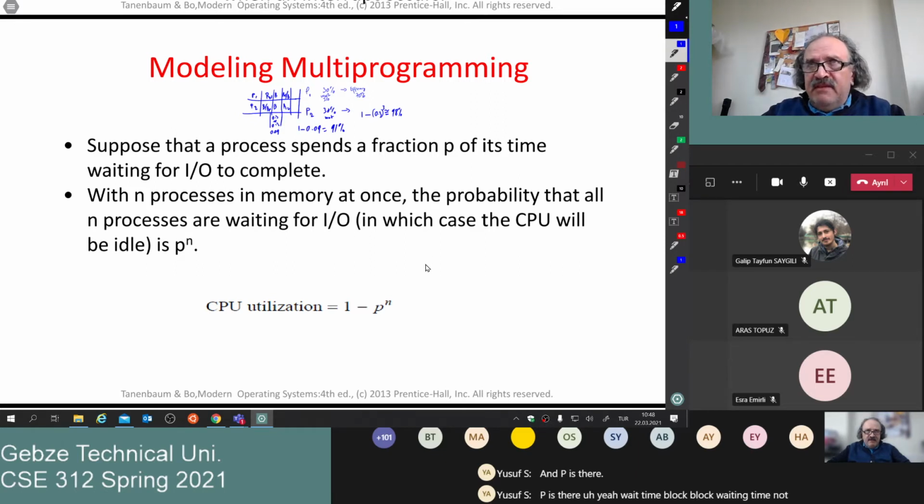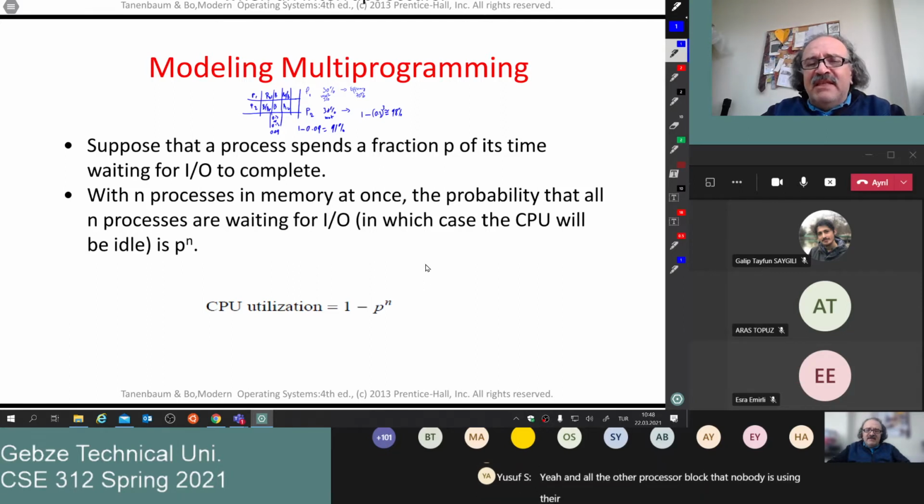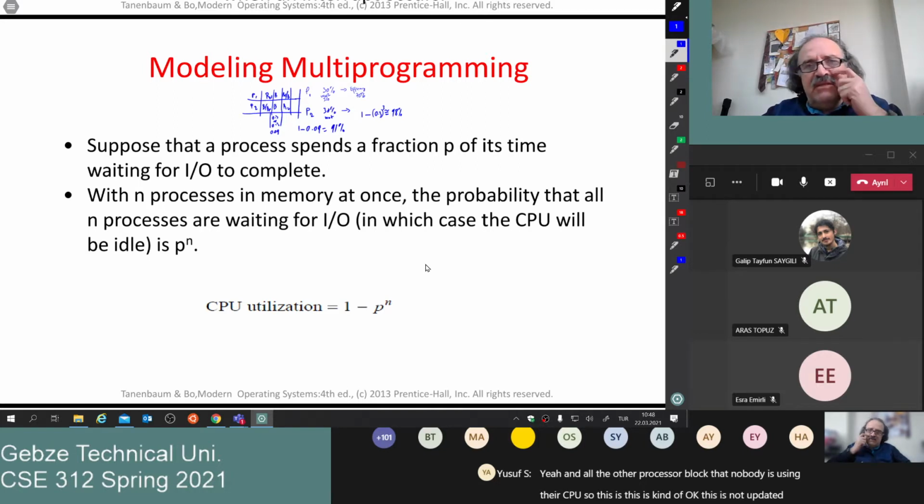When one process is ready, somebody is using the CPU, so the CPU is not sitting idle. But if a process is blocked and all the other processes are blocked, then nobody is using the CPU. This is not a very realistic CPU utilization formula. It's just a calculation.